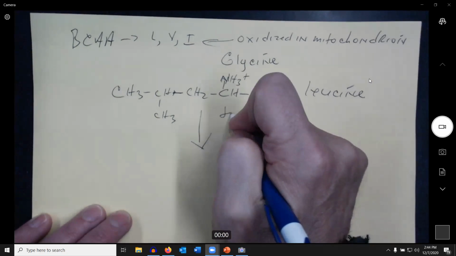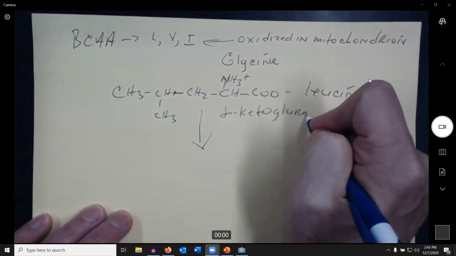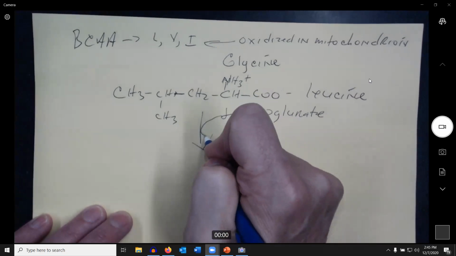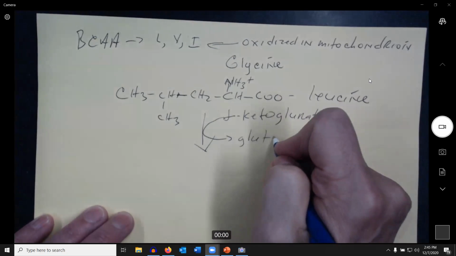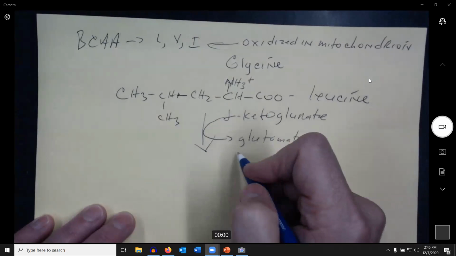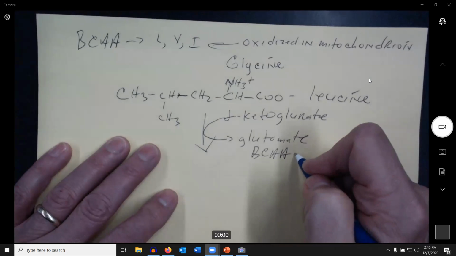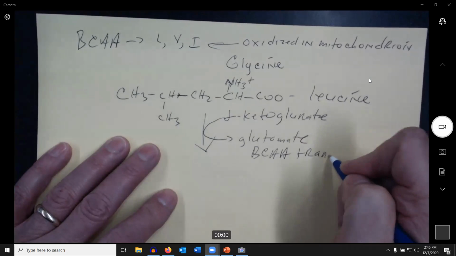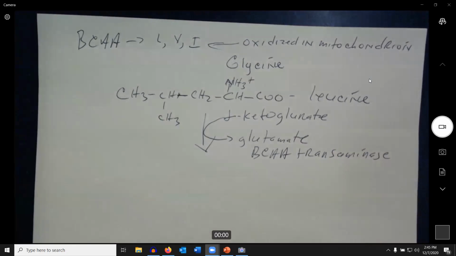And in this case, you're going to have alpha keto glutarate, of which there's plenty in the mitochondrion, pick up that amino group and it will make glutamate. And this is a branched chain amino acid transaminase. This is an enzyme that essentially will work just fine for all three amino acids.